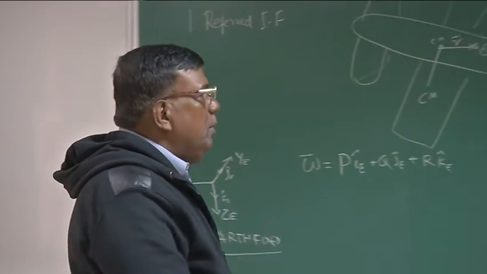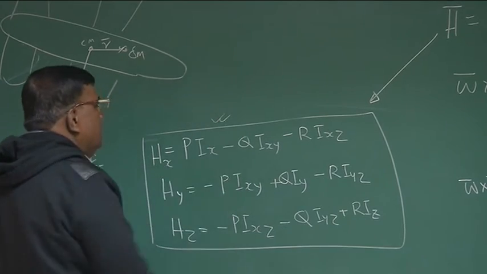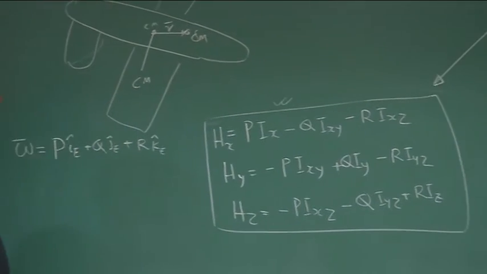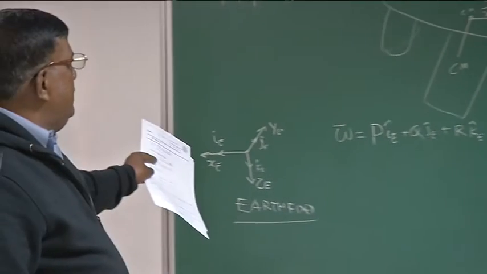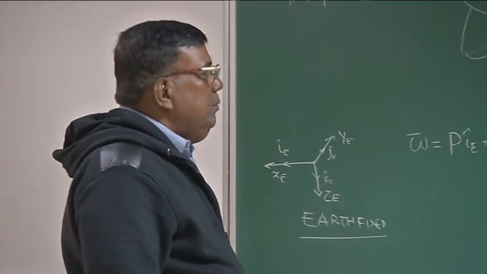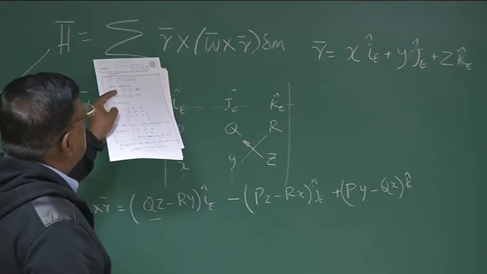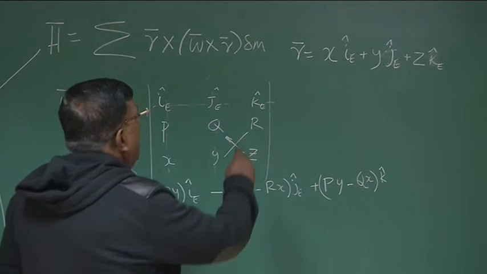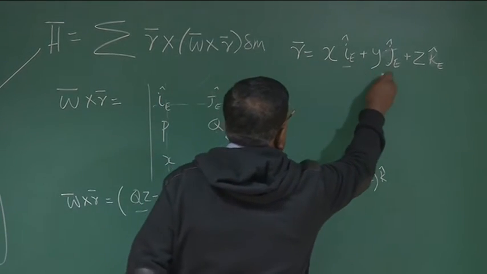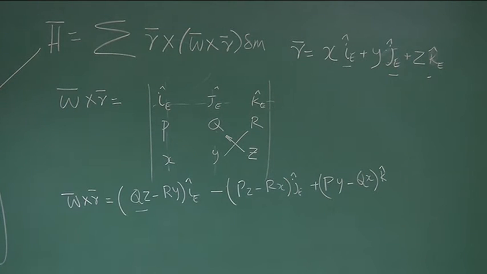We are trying to understand how we got the expressions Hx, Hy, Hz, which are the components of angular momentum of the body along the earth fixed xE, yE, zE axis system. Please go back to my lecture notes. The expression of H was given as summation r cross (omega cross r) dm, and you know r is x iE plus y jE plus z kE.